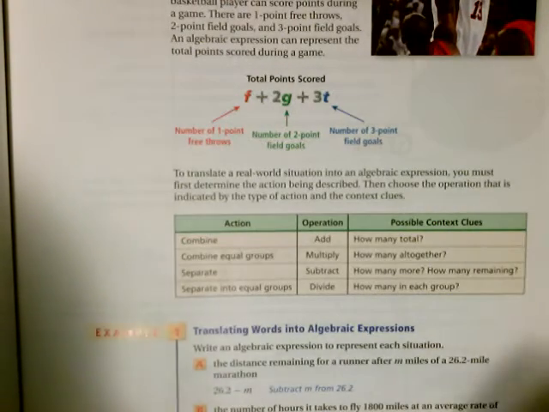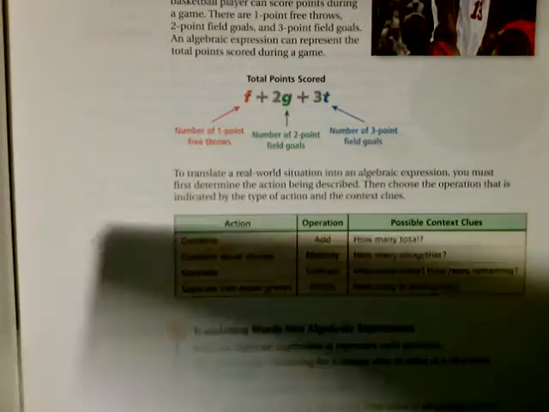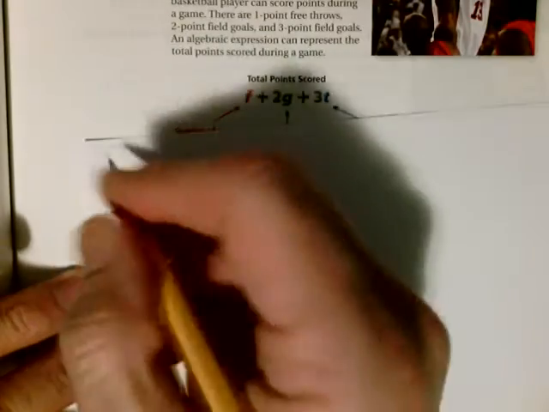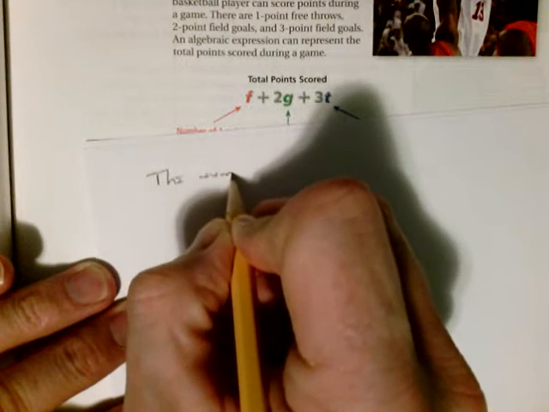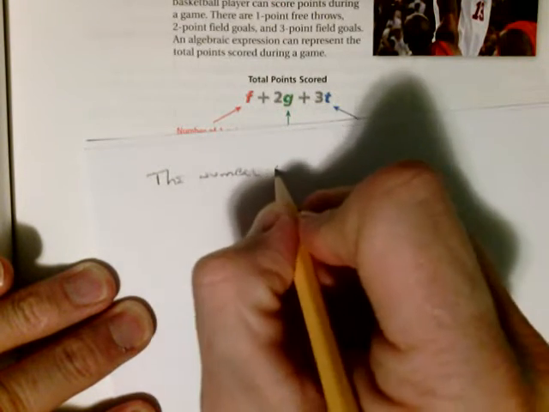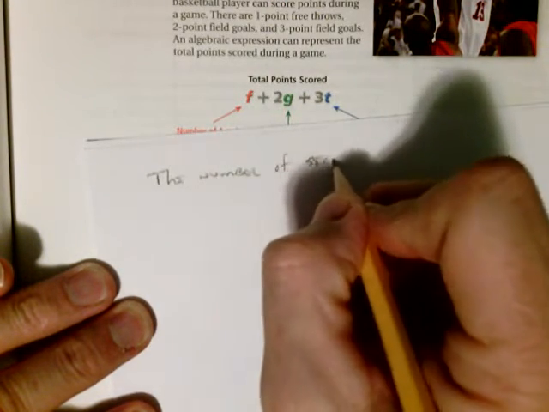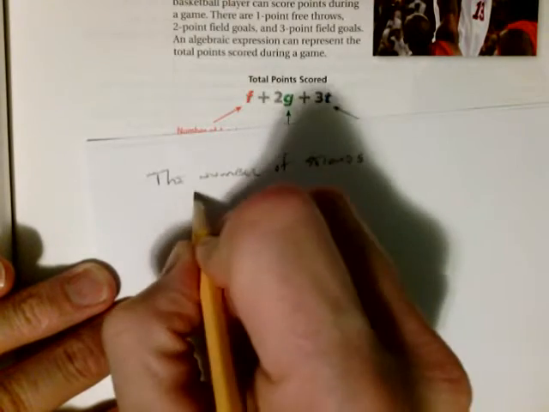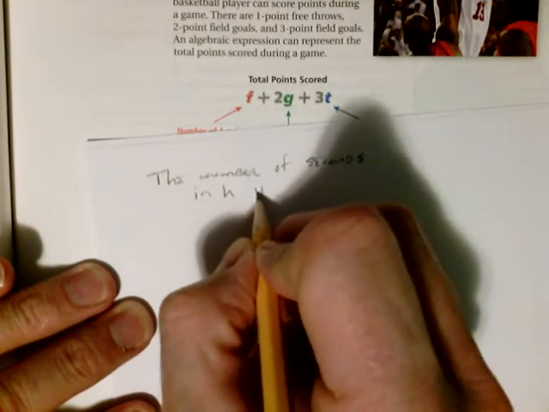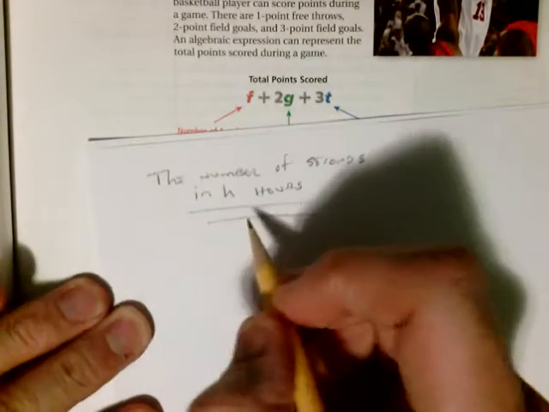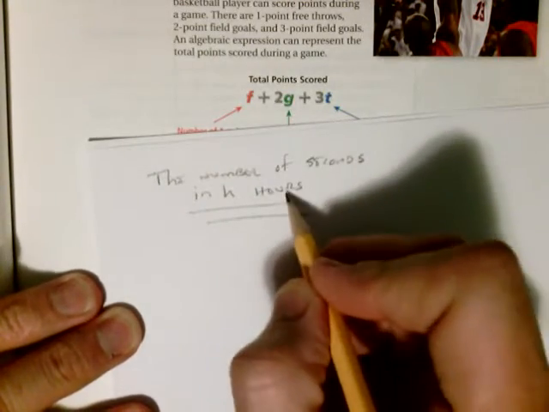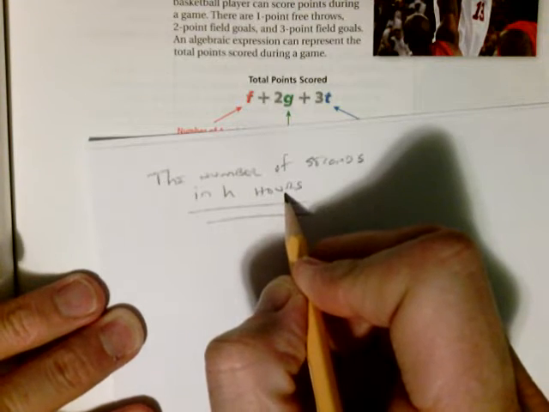So taking a look at a couple of examples. The number of seconds in H hours. Okay, so the first thing you want to think about is how many seconds are there in 1 hour?